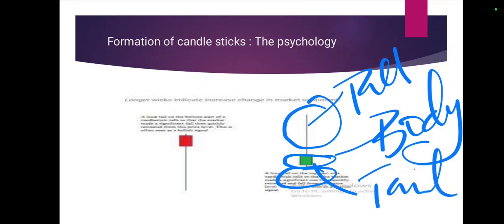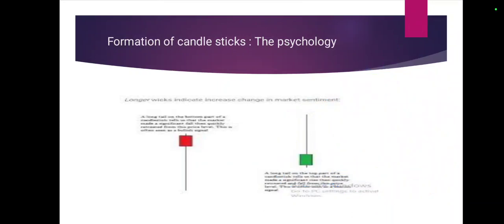So what is the psychology of this? When you see a candle like this, remember all candles have an open and a close. They have a high and they have a low, as we explained previously. So this candle also has the high, the low, the open, and the close.